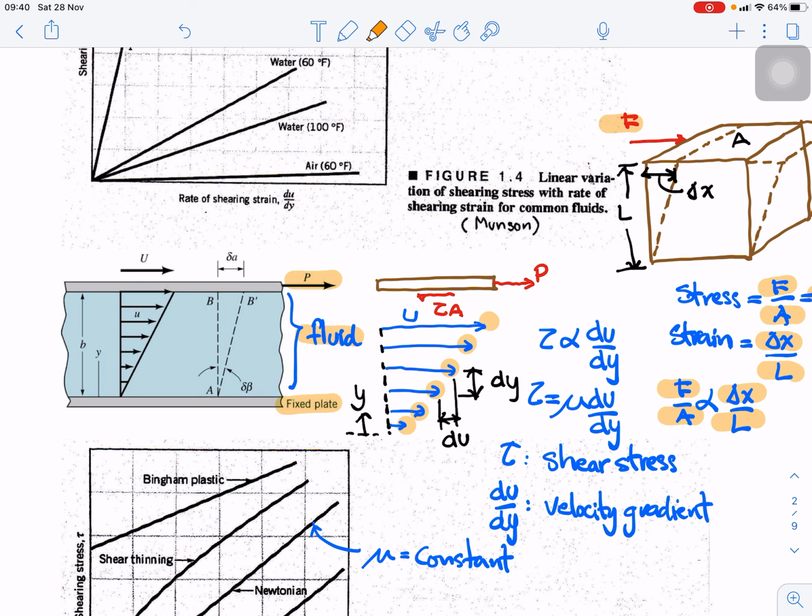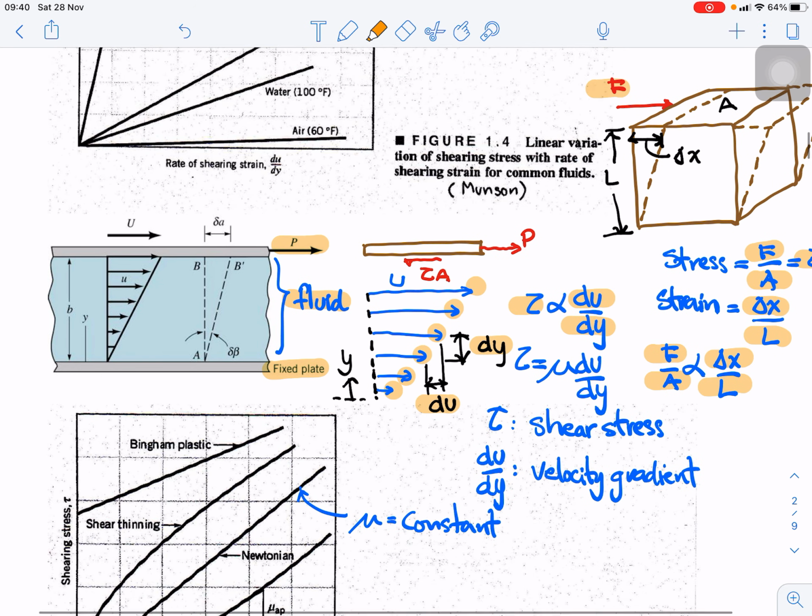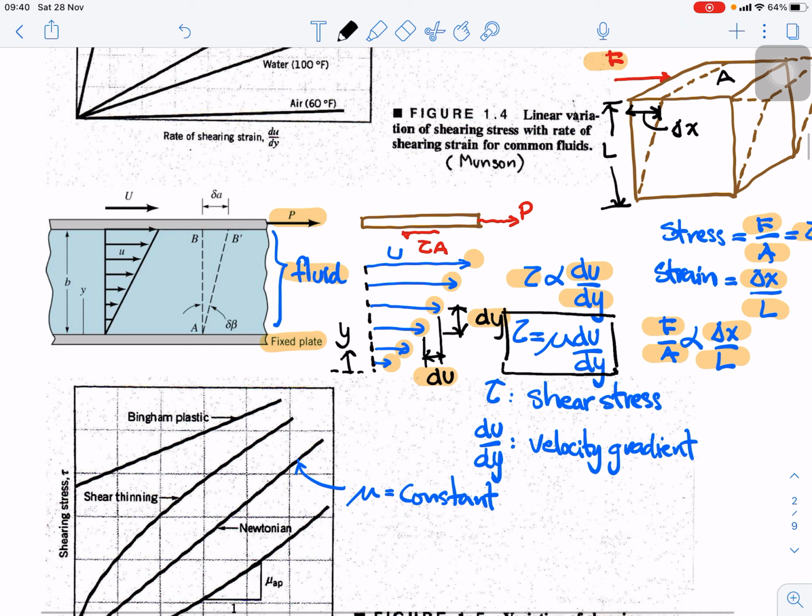The change of velocity du with respect to the height dy: we expect a direct proportion, so shear stress is linearly proportional to du over dy. That is where this equation comes from. So shear stress is directly proportional to the velocity gradient, and the constant is mu.